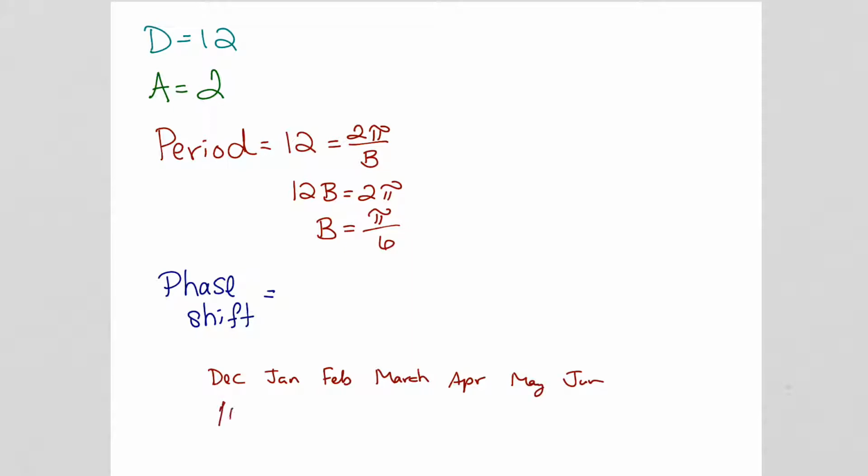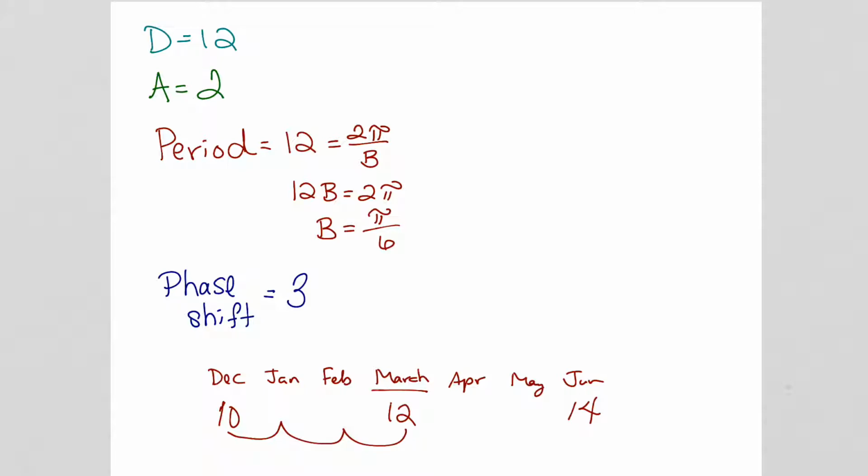In December, there were 10 hours, and in June, there are 14. Halfway in between is March. So that means that our phase shift is the distance from here to here, or 3. Our phase shift is 3.